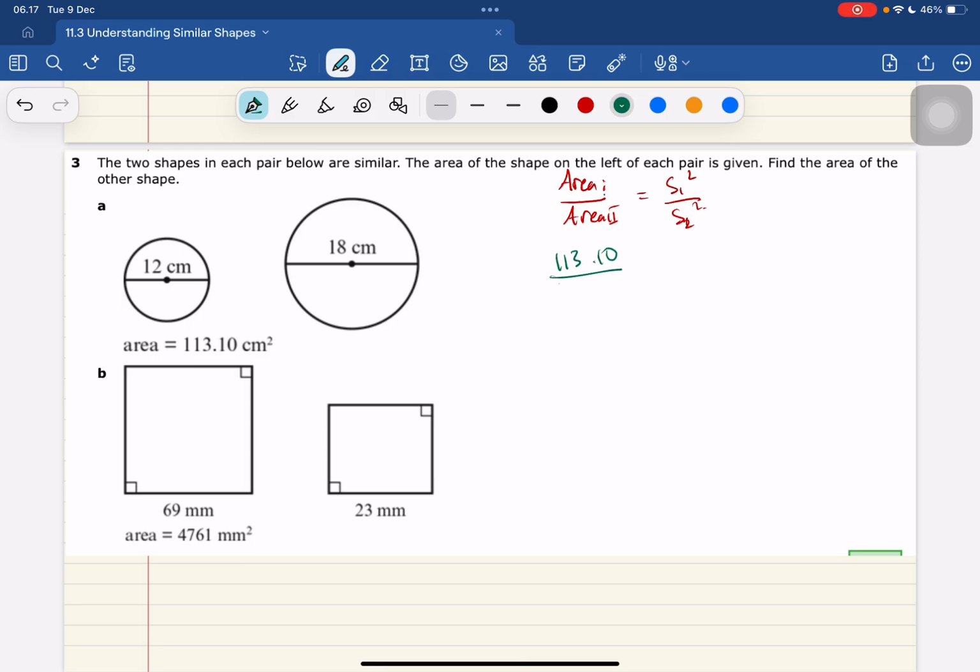We don't know the other yet, so let's call it x. 12 squared over 18 squared. So it is going to be 144 times x equals 113.1 times 18 squared, which is 324. So we can divide by 144 on both sides.